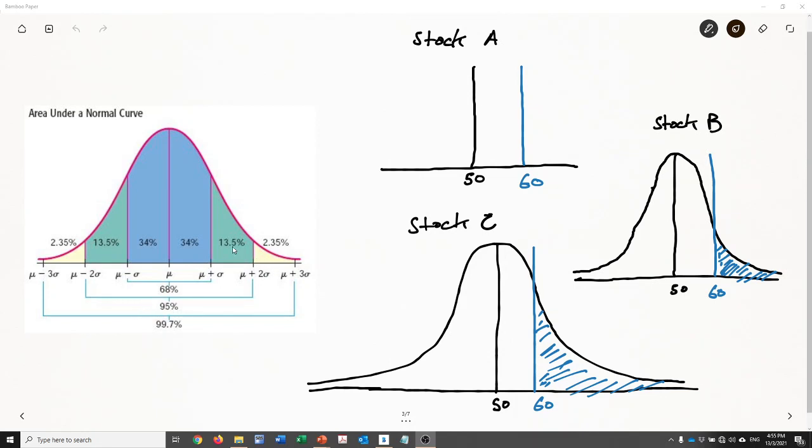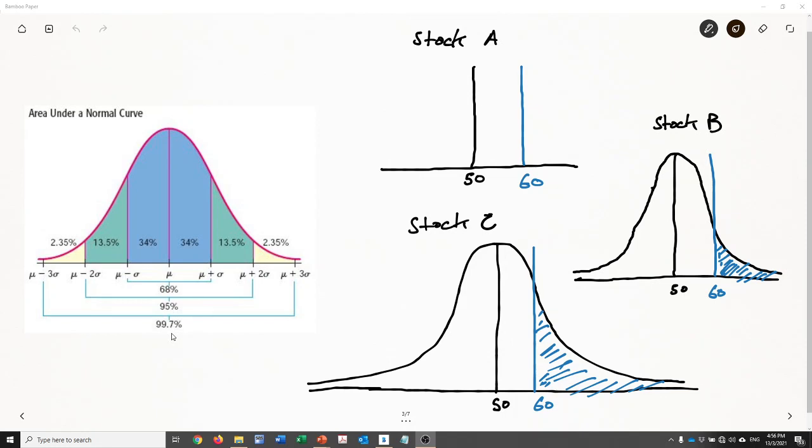And 3 standard deviations above and below the mean constitute around 99%, 99.5% probability.